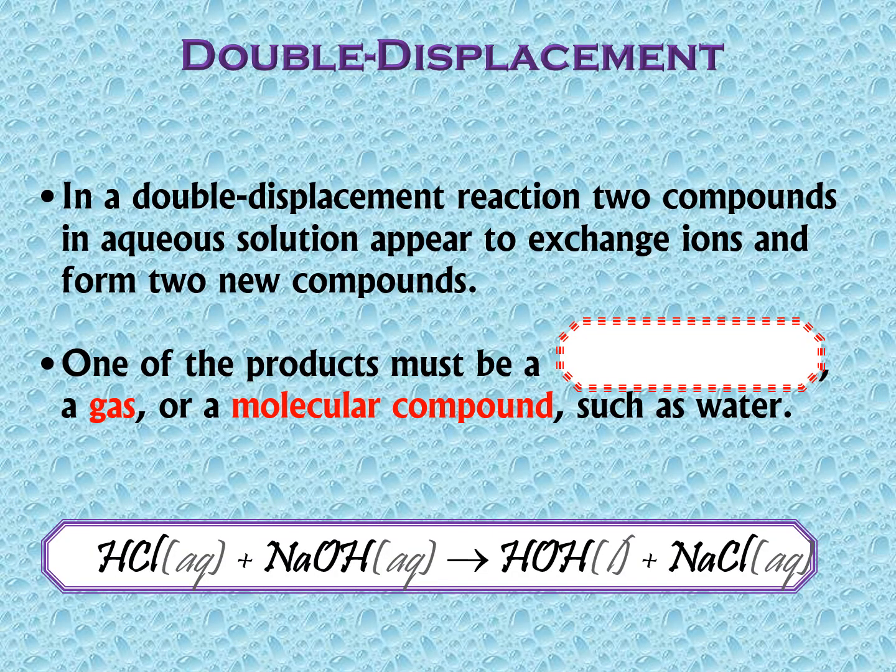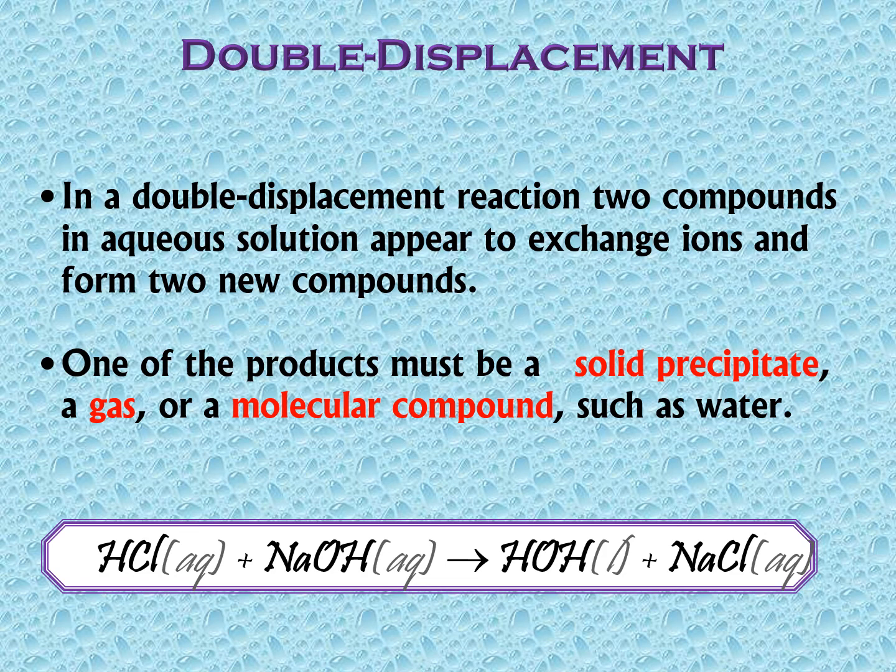In a double displacement reaction, two compounds in aqueous solution appear to exchange ions and form two new compounds. One of the products must be a solid precipitate, a gas, or a molecular compound such as water. Well, here's the problem.